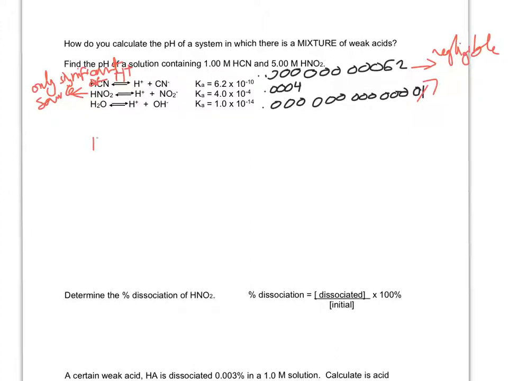So HNO2 dissociates to give off H plus and NO2 minus. Let's do an ice chart.